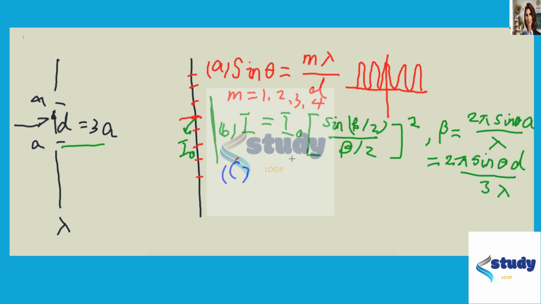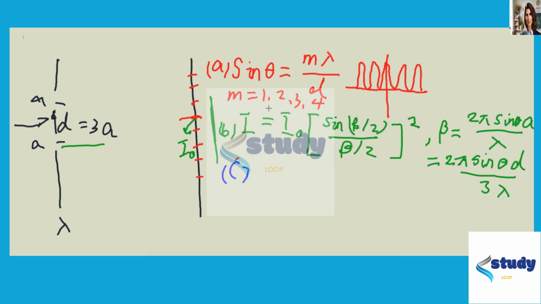This is about what we want to consider: the diffraction and the interference together. Actually, we just want to place the interference maximum at the intensity of light from diffraction together.